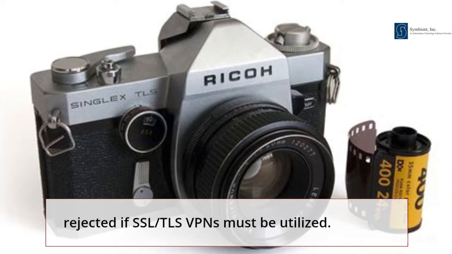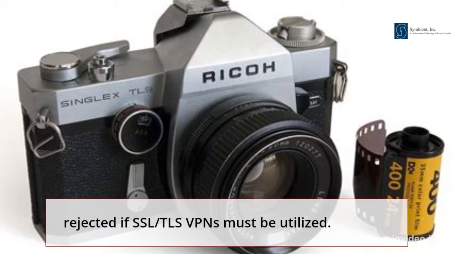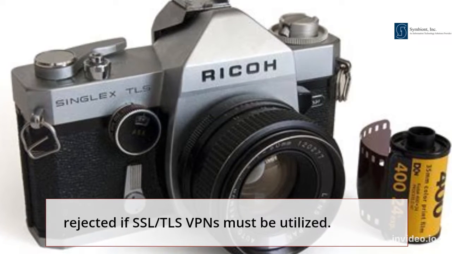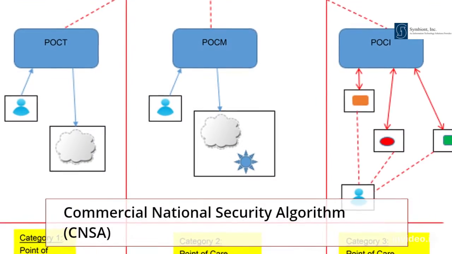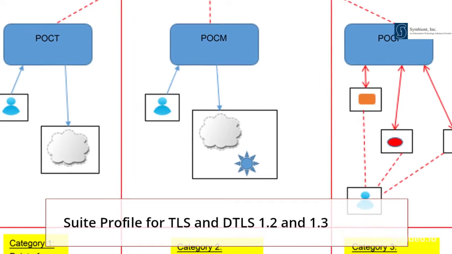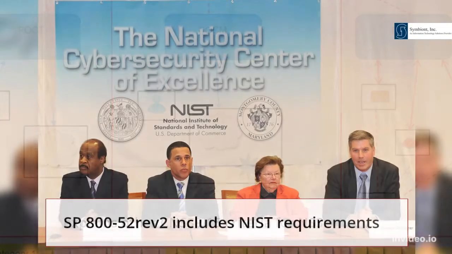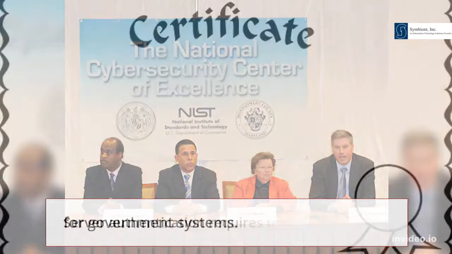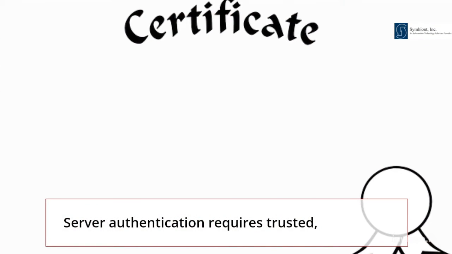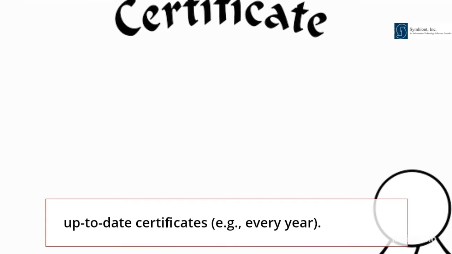Other CNSSP 15 requirements for NSS are explained in the draft IETF document, Commercial National Security Algorithm Suite Profile for TLS and DTLS 1.2 and 1.3. SP 800-52 Rev 2 contains NIST requirements for other U.S. government systems. Use trusted server certificates and keep them up to date for server authentication every year.